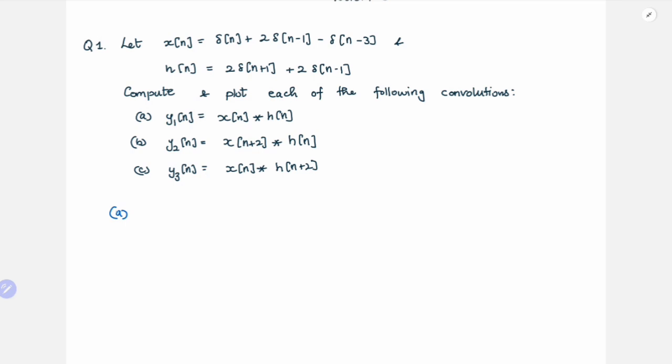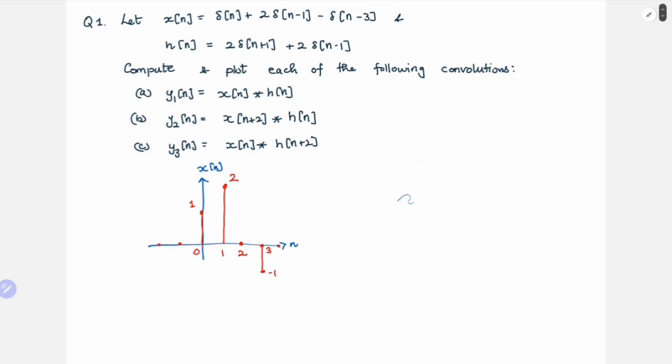Let us first try to visualize how x of n and h of n look by plotting a graph. So x of n versus n. At 0 it is delta of n and 2 delta of n minus 1 and minus delta of n minus 3, which means at 2 it is 0 and at 3 it is minus 1 and everywhere else it is 0.